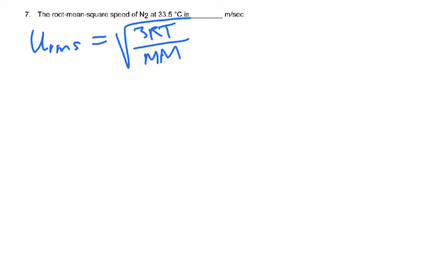So you have 3 and you have R, those are givens. T, we need T. And remember that when you're doing this, the R that you need to use has to be the R that's in joules. And since it's joules per kilogram times moles, your molar mass of nitrogen gas needs to be converted into kilograms. So let's write all of those things out.